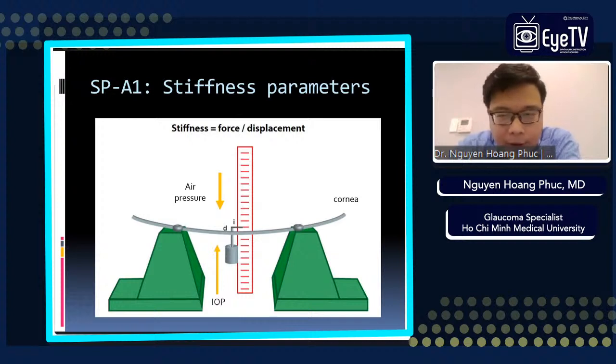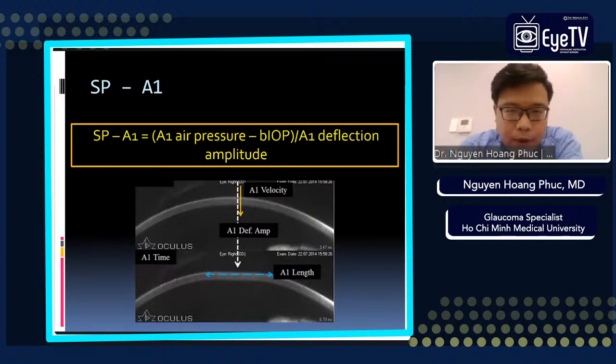And the change in shape, the displacement of the cornea, is the deformation amplitude. This is the formula of the SP-A1: the air pressure at the first applanation minus the bIOP gives the actual pressure that affects the cornea, and the A1 deflection amplitude is the change of the cornea with pressure.